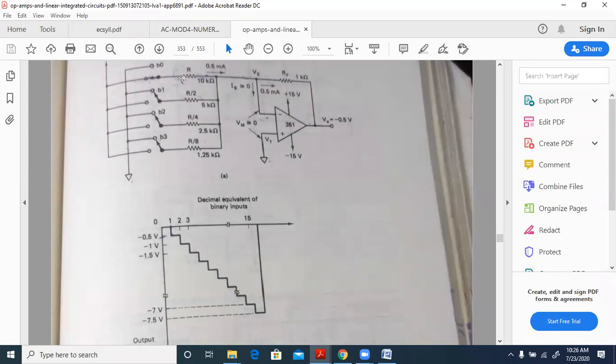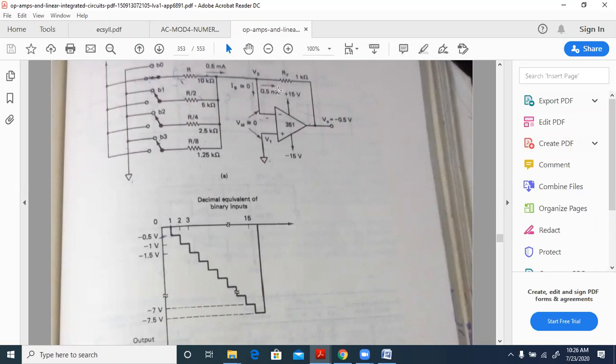Okay, the value of R is 10 kilo ohm. 5 volts by 10 kilo ohms will give 0.5 milliamperes. None of that 0.5 milliamperes will flow through the op amp input because the input impedance of the op amp is very high. That's why all the current will flow through the feedback resistor.